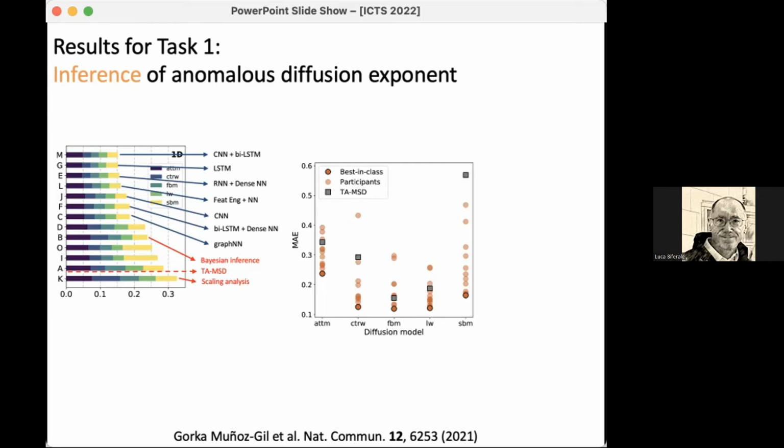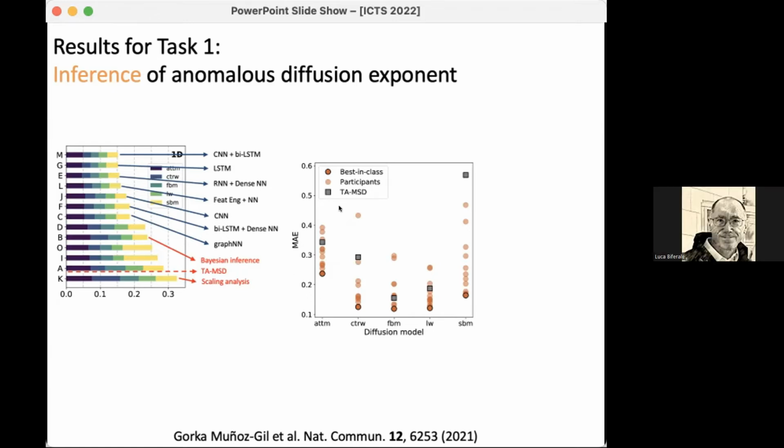So we didn't really try that. My guess is that if you train on a restricted range of alpha, say between 0.5 and 1.5, and you then give some trajectory that is 1.8, it will probably classify it as 1.5 or something larger. But that's just my guess. Okay, thank you, sorry for the interruption. No, sure, any question is welcome.